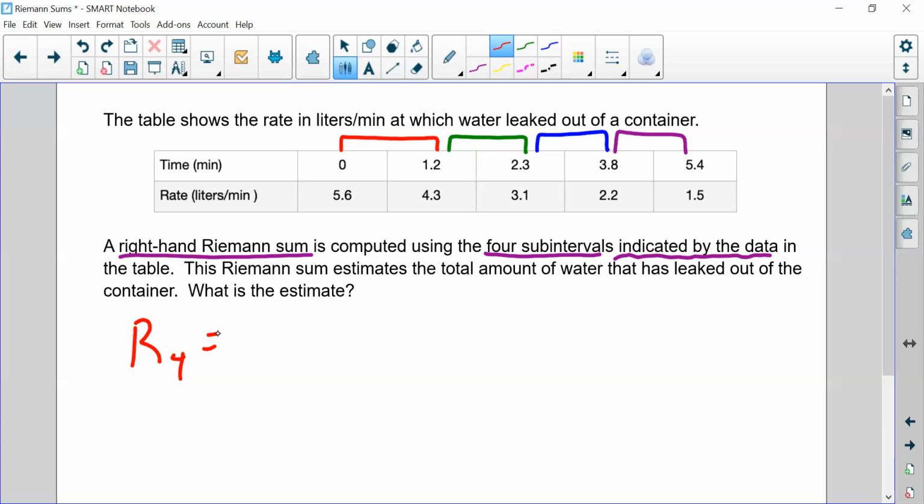So that width is 1.2 times what's our height for a right Riemann sum? So which height should I be looking at? The 4.3, because that's at the right end of that rectangle. So I'm going to times that by 4.3.